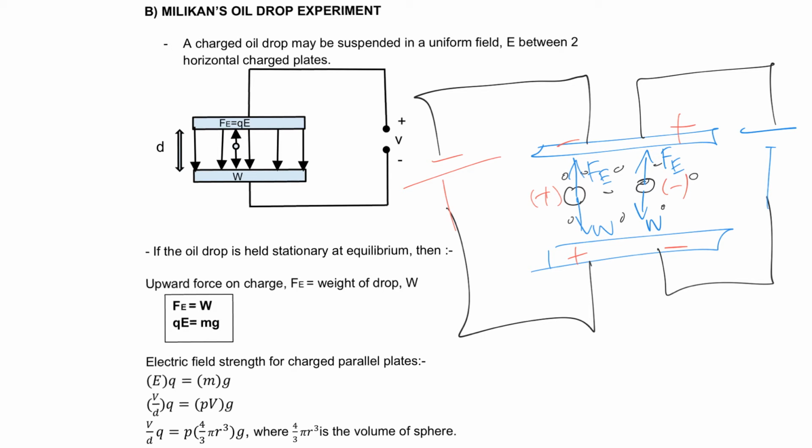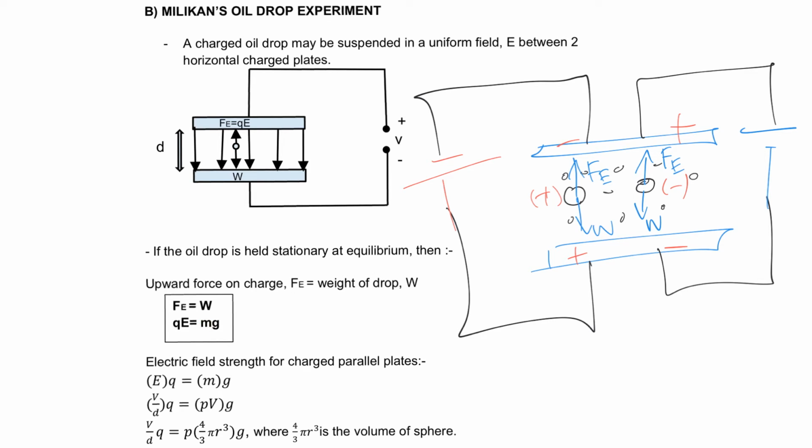For example, if they gave you field strength but didn't give you force, then you can change the force to EQ. Remember, electric force is EQ? And similarly, the weight you can change to mg. But if you are required to break it down further, then the E here, which is electric field strength, can change to V over D, right?